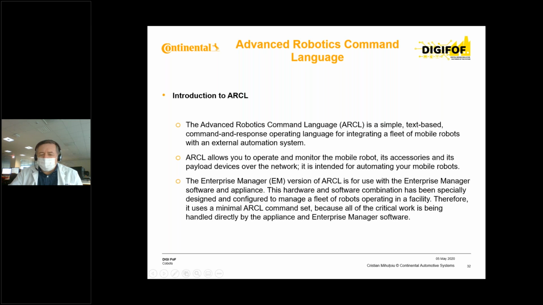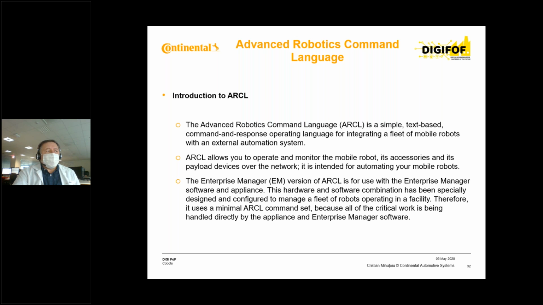This hardware and software combination has been specially designed and configured to manage a fleet of robots operating in a facility. Therefore, it uses a minimal ARCL command set, because all the critical work is handled directly by the appliance and Enterprise Manager software. This means the Enterprise Manager software is allocating the task to every robot, to every AGV.